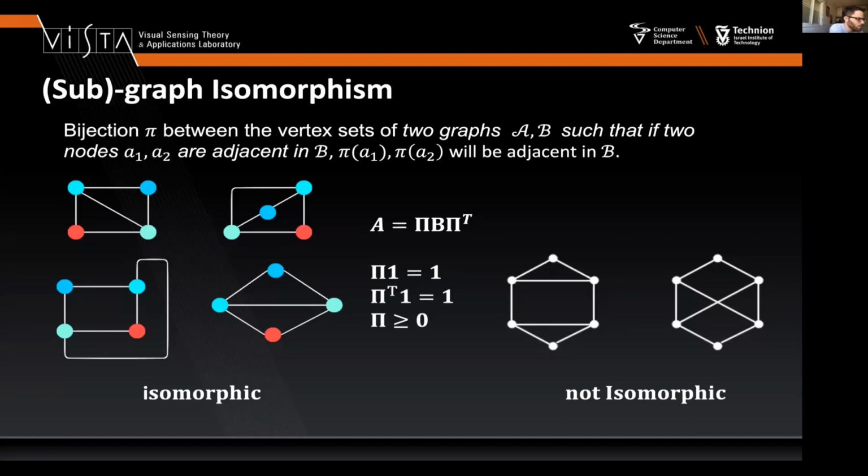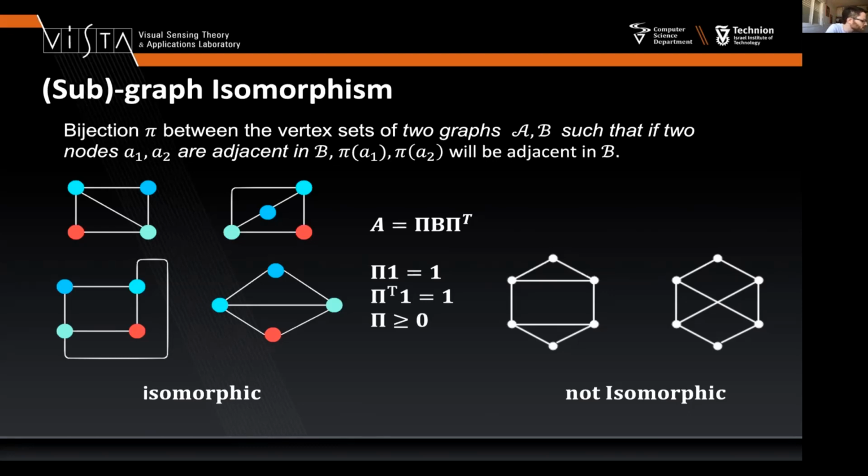And you can represent it as a problem over the set of permutations. A is the adjacency matrix of the graph A. By permuting the rows and columns of this adjacency matrix, if the two graphs are isomorphic, you can get the other graph. And on the right, you can see an example of two graphs that are not isomorphic. There's no way that I can relabel the vertices of the left graph and get the right graph.